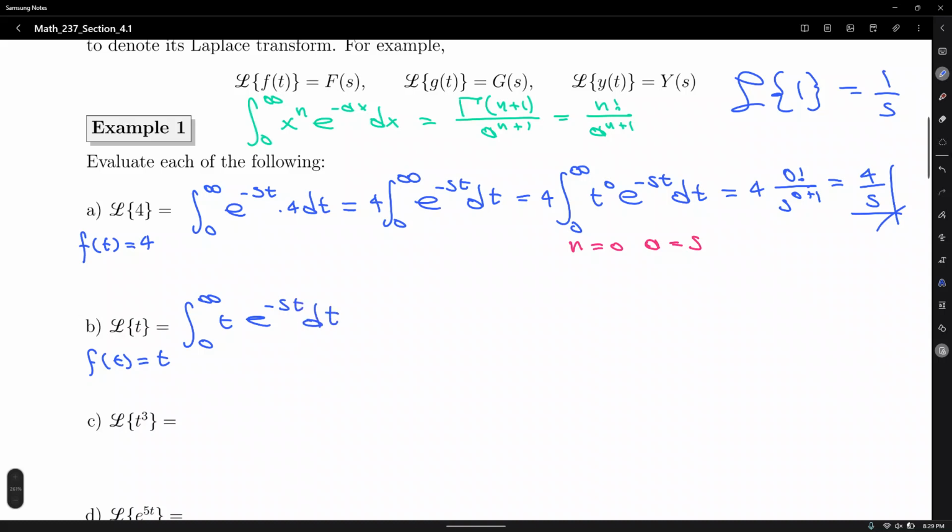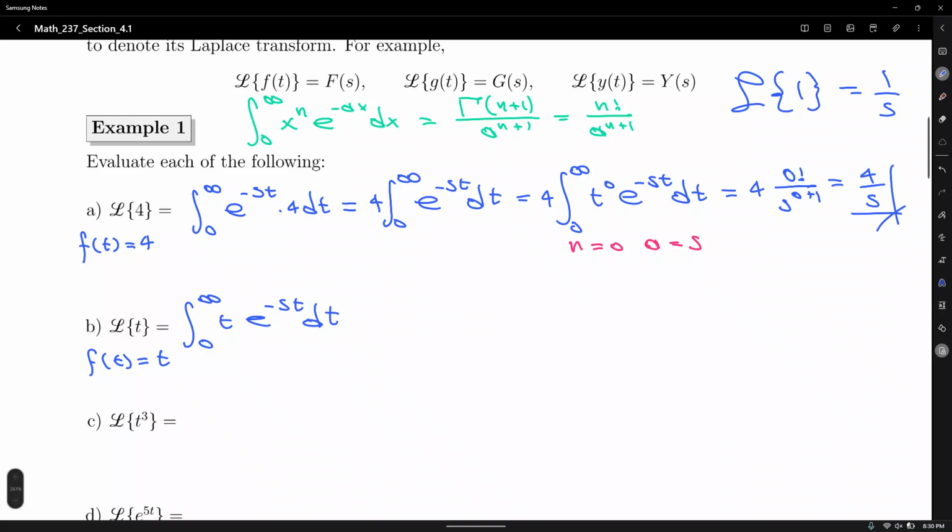Guys, if we were to evaluate this integral by the methods of integration we know from calculus 2, that is using integration by parts, that's going to take forever. And every single differential equations textbook usually goes through the process of integration by parts.